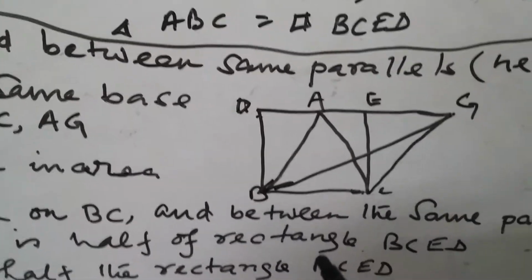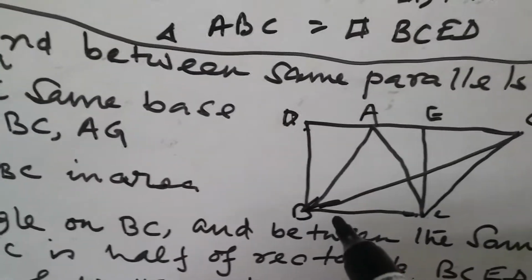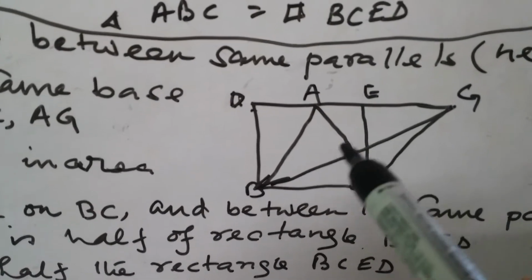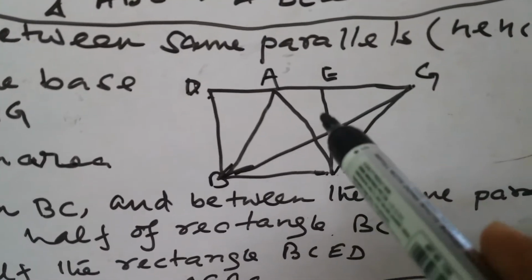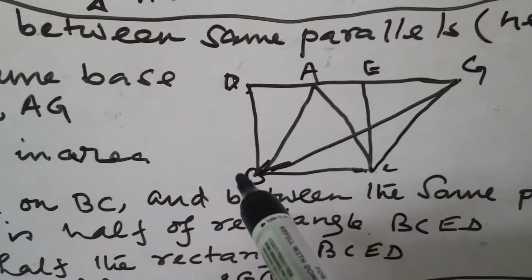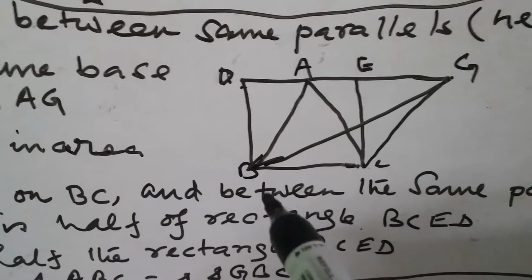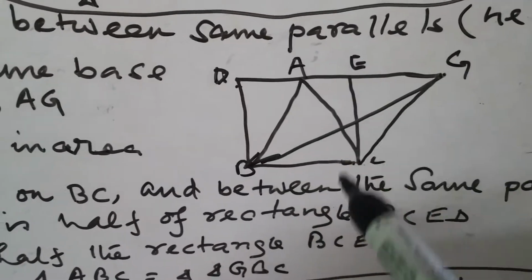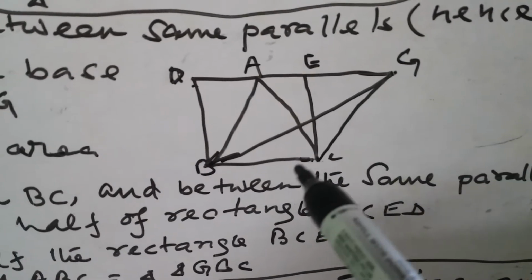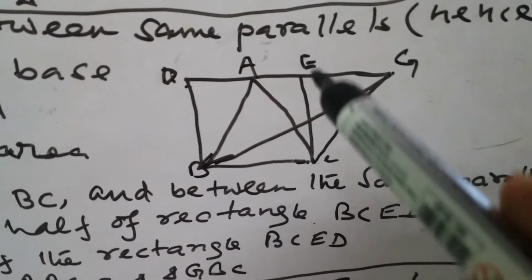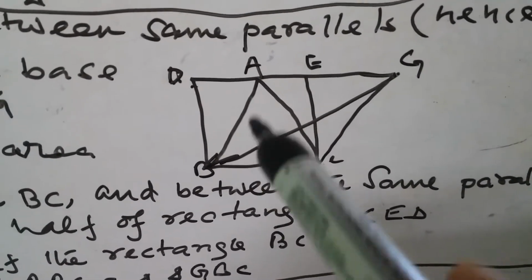These are parallel. Draw a rectangle BCED on BC. Since ABC and this rectangle have the same base and the same parallel lines, ABC is equal to half of this rectangle, and BGC is equal to half of the same rectangle, because they have the same base and the same parallels, and that's why these two triangles are equal.